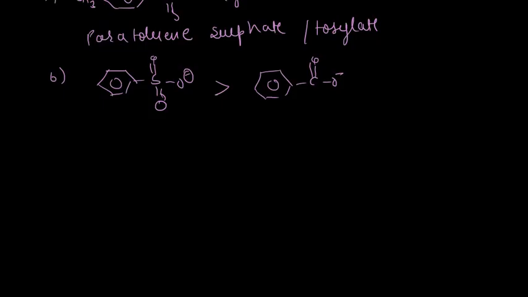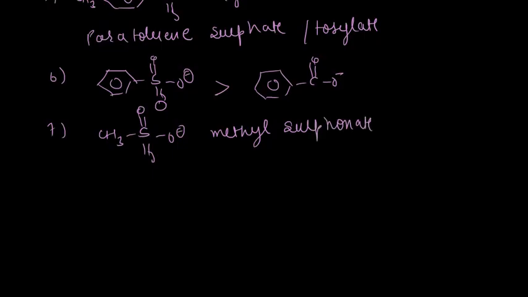Then its anion is a good leaving group because it has more number of resonating structures. Seventh we have CH3, S double bond O, O negative. It is known as methyl sulfonate or mesylate. It is also known as mesylate, right?